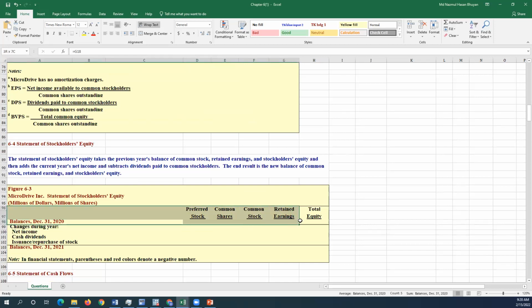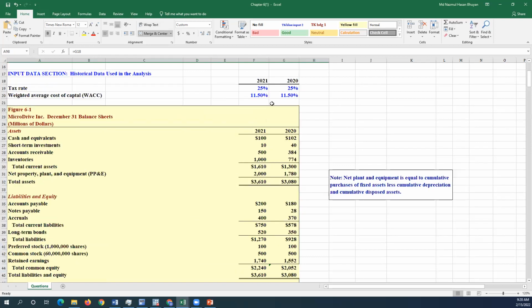We're going to first copy the balance of the statement of shareholders equity from the previous year, which is year 2020. Then we are going to prepare the statement of shareholders equity for the year 2021.